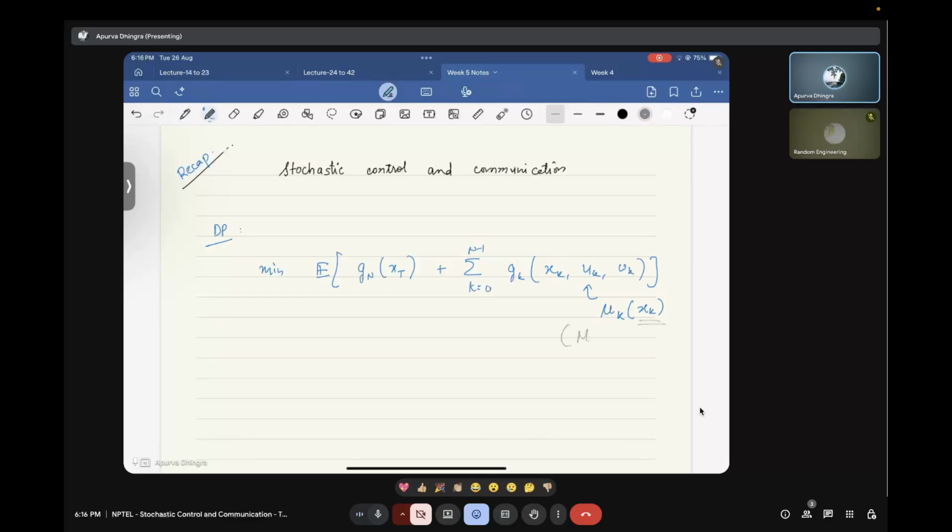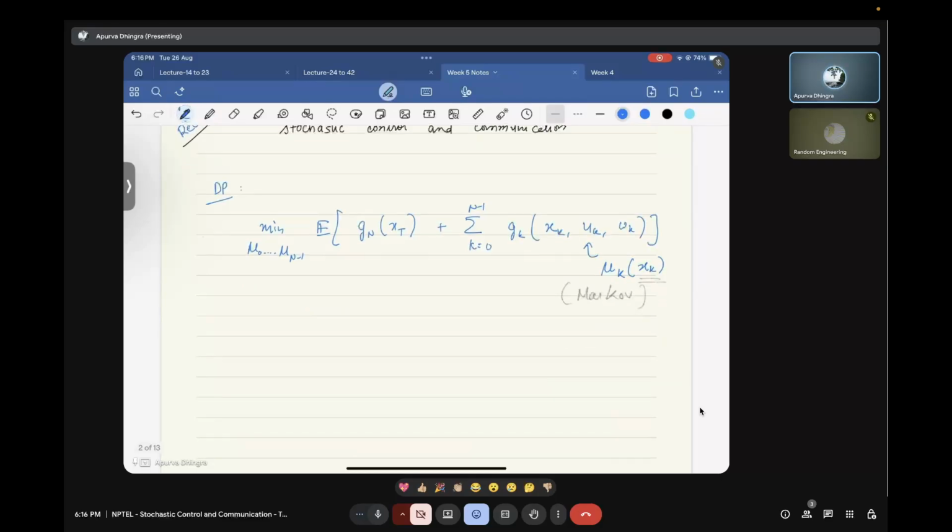So remember, this is still Markov type policies that we're considering, and hence it was an optimization over all of these mu k's. So it was mu 0 till mu n minus 1. There's nothing to optimize at the last step because there's no action available at that point. So this is all we were trying to look for.